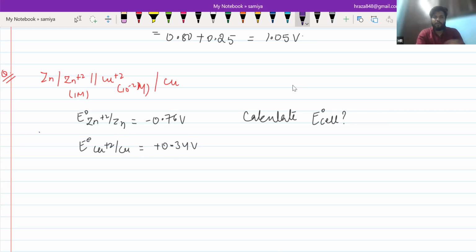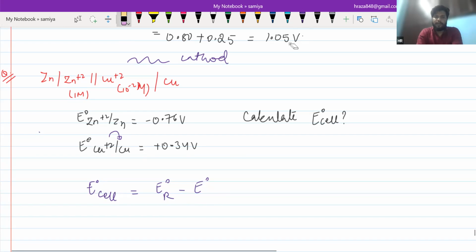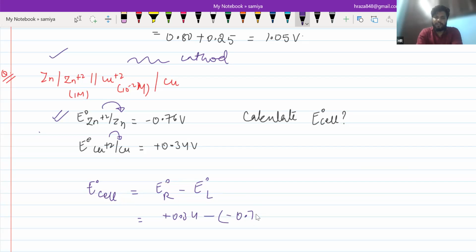Sir, is the answer minus 0.42 volt? See, if you solve it, E naught cell will be equal to E naught right minus E naught left. On the right hand side, it is Cu, that is cathode, and reduction potential is given, so it is plus 0.34 volt minus, now come to Zn plus 2, because on the left hand side Zn is there and its reduction potential is also given, minus 0.76.